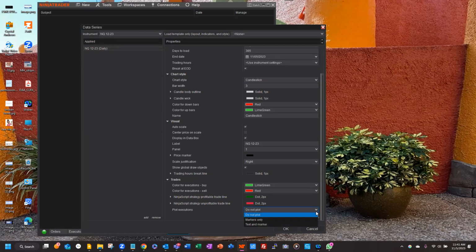It will say text and marker. You don't want it to be on text and marker because that means every time you put a trade on, it's going to mark that and keep it on your chart, and it gets crazy looking at that all. So we always leave this as a default as do not plot. Crystal's already done it before. That's why it came up as do not plot.